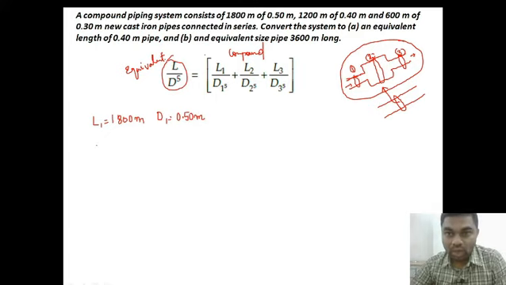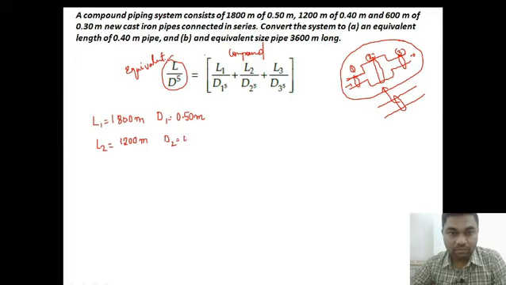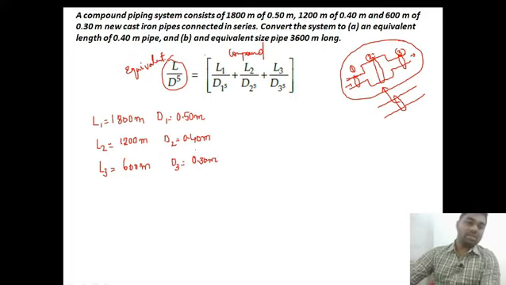Now 1200 meter of 0.40 meter: L2 is 1200 meter, whereas diameter D2 of the second pipe is 0.40 meter. And 600 meter of 0.30 meter diameter: L3, the length of pipe 3, is 600 meter, and the diameter of pipe 3 is 0.30 meter. These are the characteristics of the compound pipe.